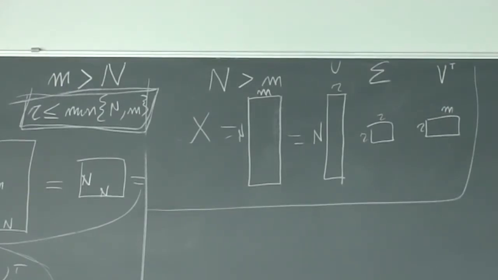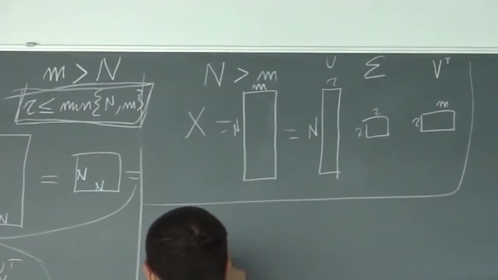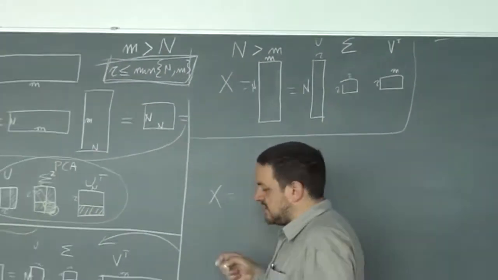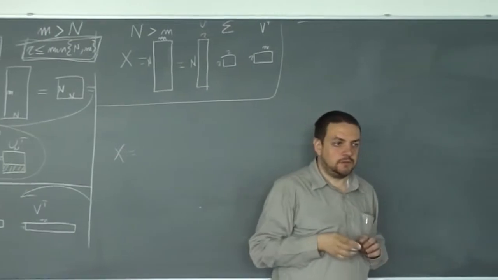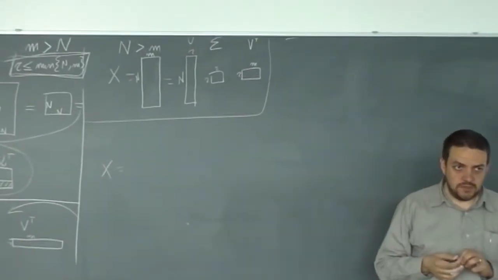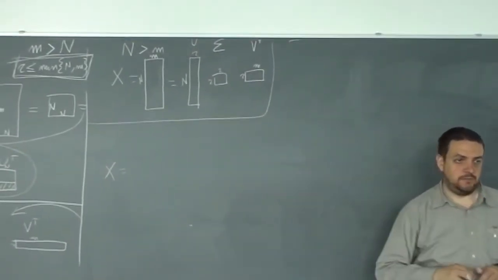Now, let's go to a practical problem that can be solved by this method. Suppose that our matrix X is a matrix of documents and terms, so that the column is a document.